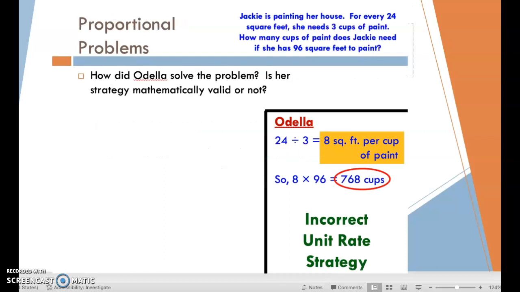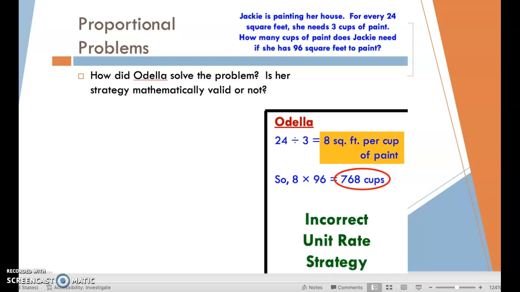Okay, let's look at the first story problem. Jackie is painting her house. For every 24 square feet, she needs 3 cups of paint. How many cups of paint does Jackie need if she has 96 square feet of paint? Odella came up with the equation of 24 divided by 3 equals 8 square feet per cup.